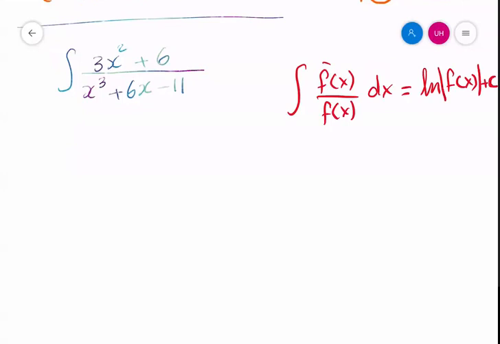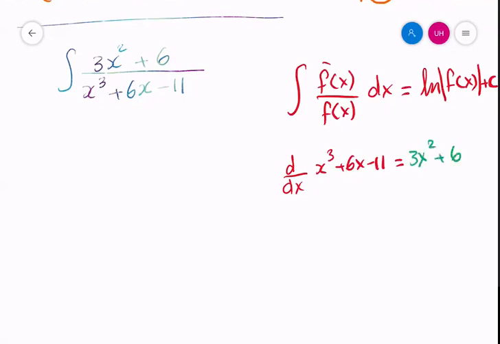So if you see a fraction, look for the derivative of the denominator, the bottom one. So let's see, d over dx of the denominator x cubed plus 6x minus 11. What's the derivative for this? It is 3x squared plus 6.